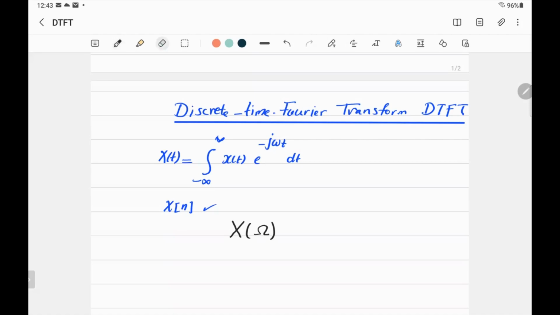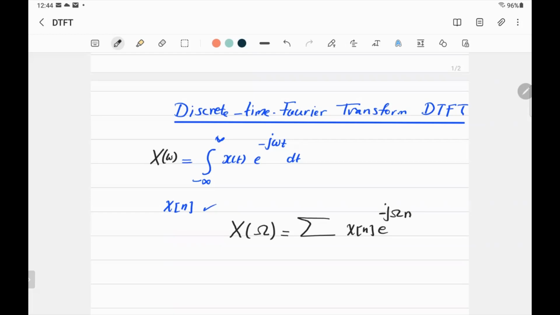By the way, this is not x of t, that's X of omega, capital X for me. So I'm using the same omega, but just the capital one. That will be equal to, and instead of integration, I'm going to have summation of x of n multiplied by e to the power of minus j omega, instead of t, I'm using n.